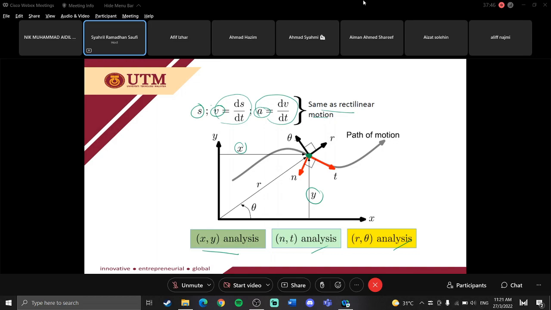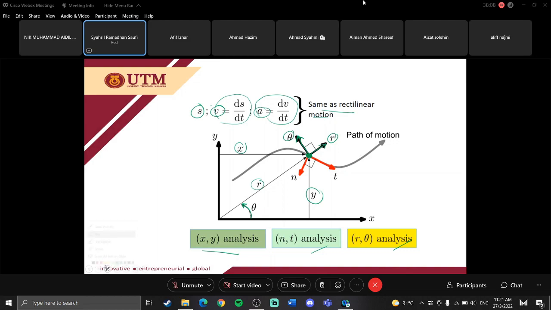If you notice here on theta and r, the direction of theta is in this direction, so the axis of theta follows the direction of this angle. This is your r. To draw the axis r, just draw it outward from the particle.